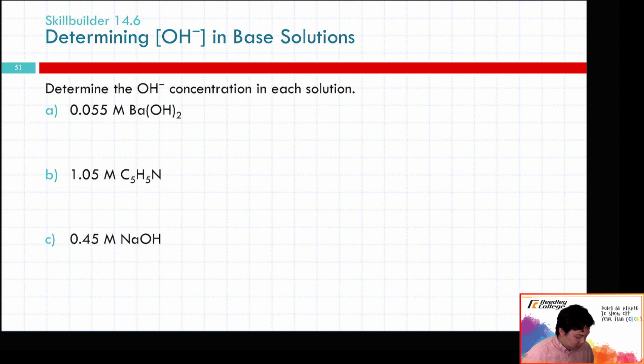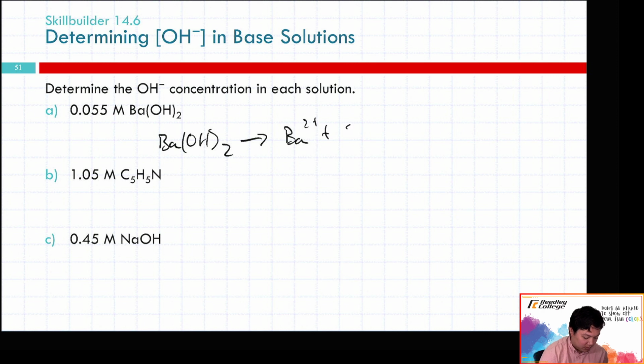Okay, so again, this is a similar thing, but now we have barium hydroxide. So we're going to have barium hydroxide, and again, this doesn't occur stepwise. We're going to have barium 2 plus and 2 OH minus. So you can see that this is a 1 to 2 ratio.